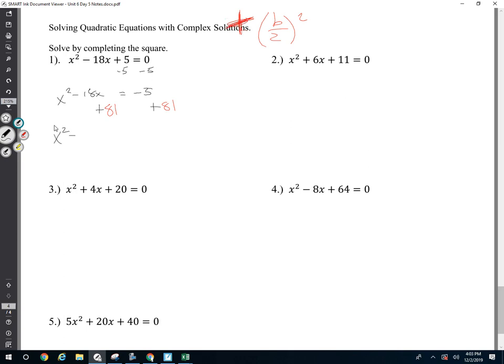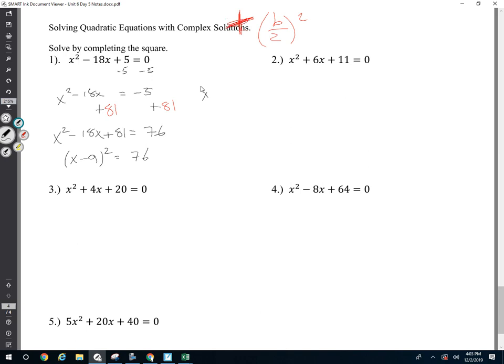We get x squared minus 18x plus 81 equals 76. The two numbers that add to get negative 18 and multiply to get 81 are negative 9 and negative 9. This is x minus 9 squared equals 76. Let's not bother simplifying this root 76.